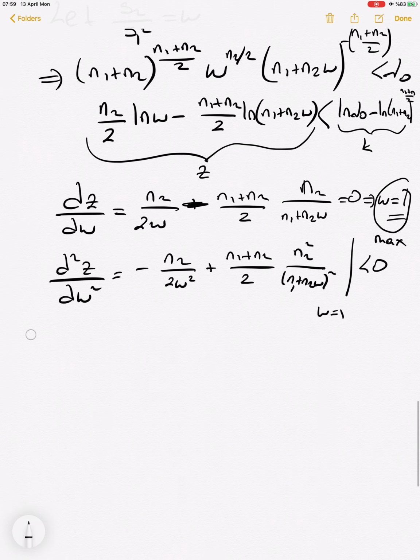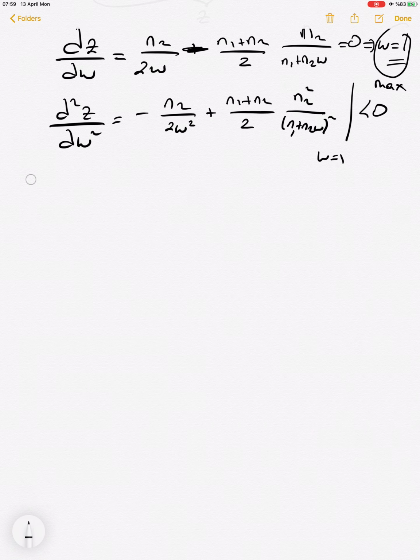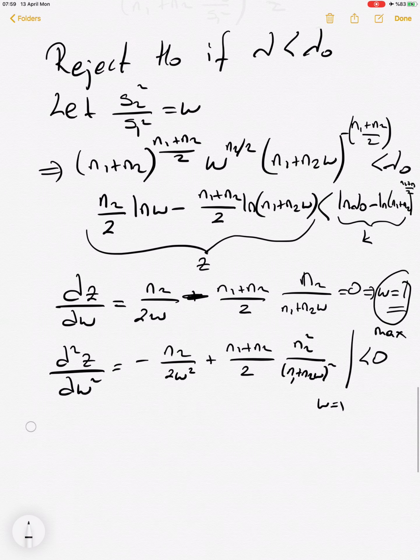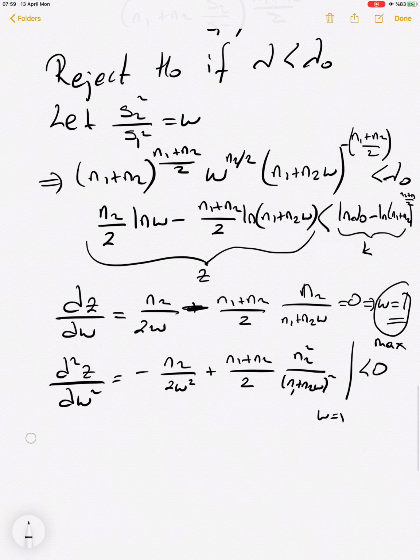Okay, so let's draw the shape of the function z. So let's go back to the function. When we replace w by 1, this part will be 0, so this part will be minus these quantities, and we will have ln n1. n1 is positive and greater than 1, so it's positive.